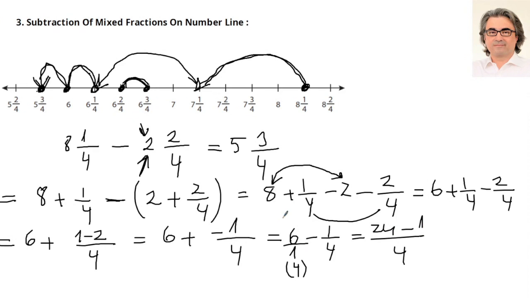I made this operation according to the same operation on addition that I told you in the previous lesson. 23 over 4. Now change this fraction into its mixed form. Divide 23 by 4.